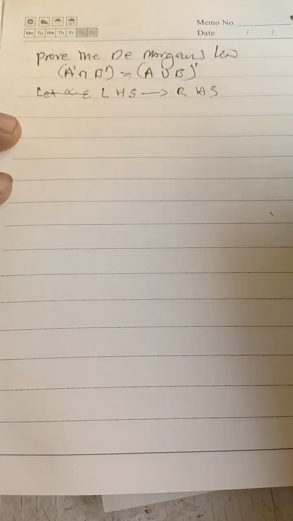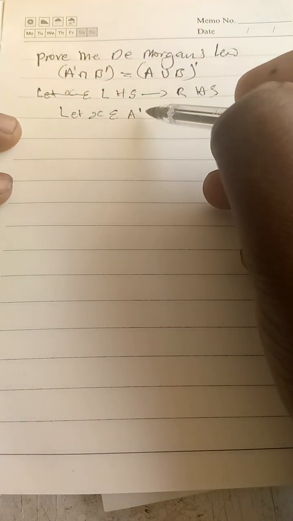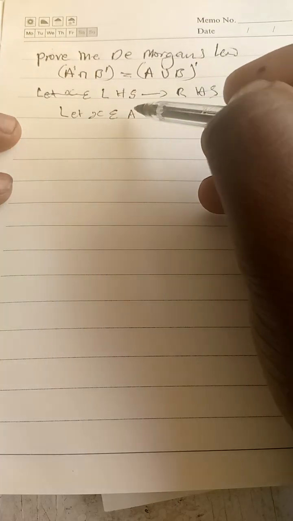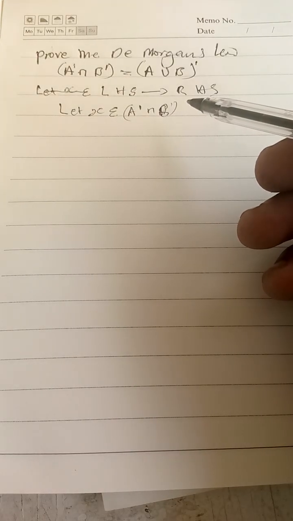Sorry, I forgot one thing. I'm supposed to say left hand side going to the right hand side. Then I say, let x be a member of the left hand side. Sorry. Okay, from there, there are basically three steps involved.